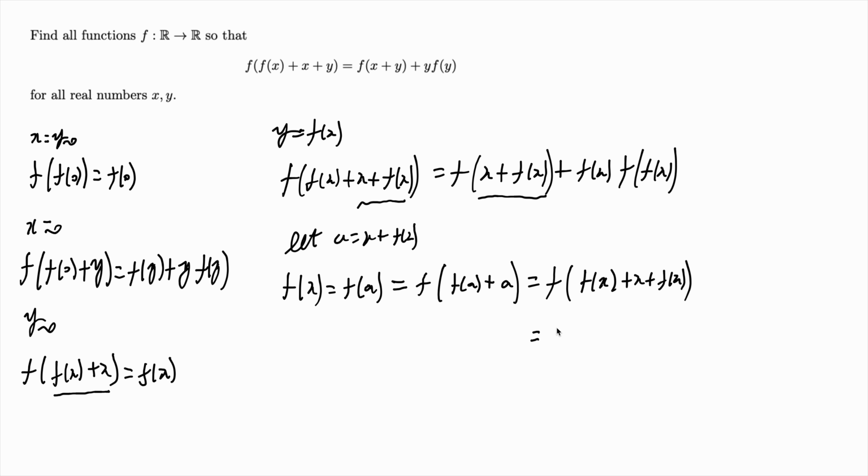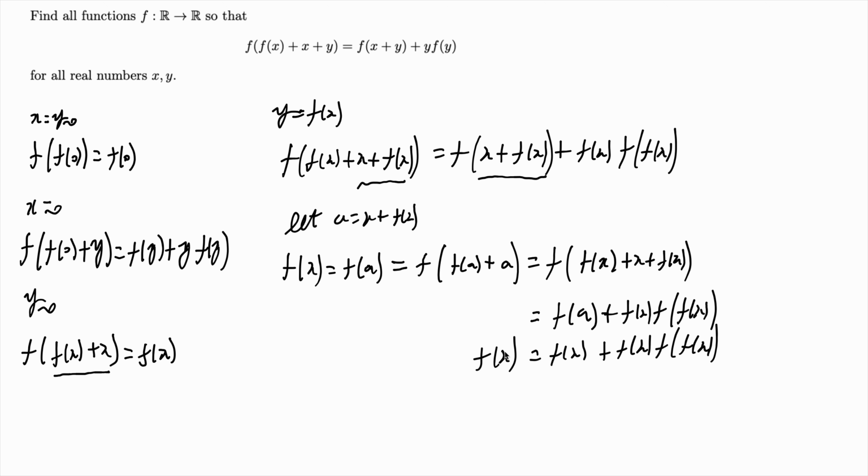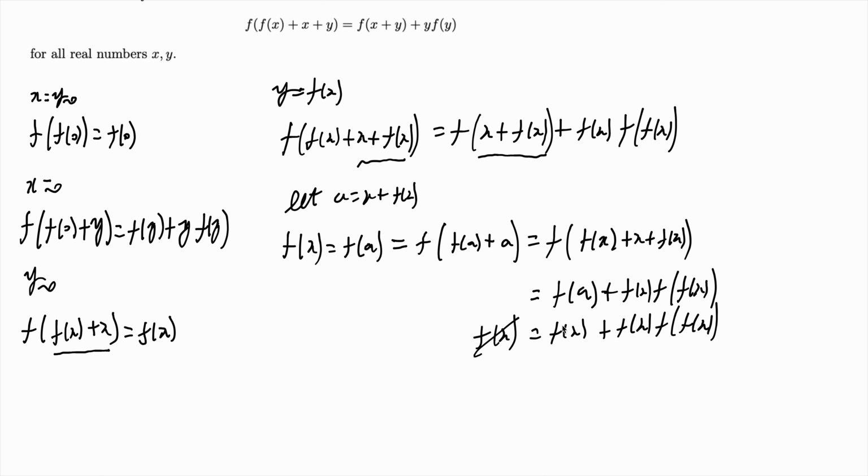So this is equal to f(a), because this thing is a, plus f(x)f(x). The reason we wanted to make this f(a) is because we know that this is equal to f(x) plus f(x)f(x). Now we have a beautiful thing here. These two cancel off, so we have f(x) times f(x) equals 0, always.